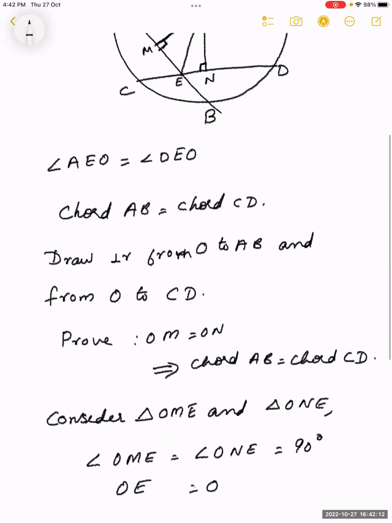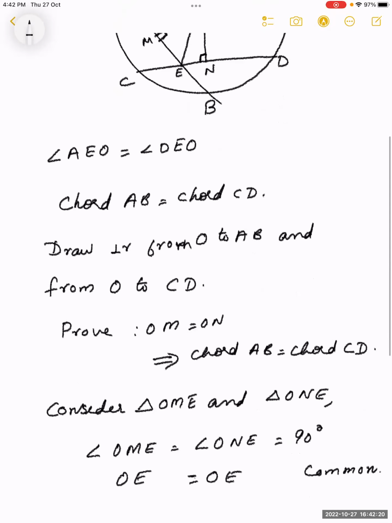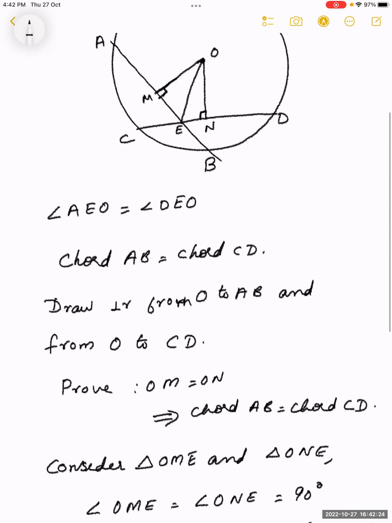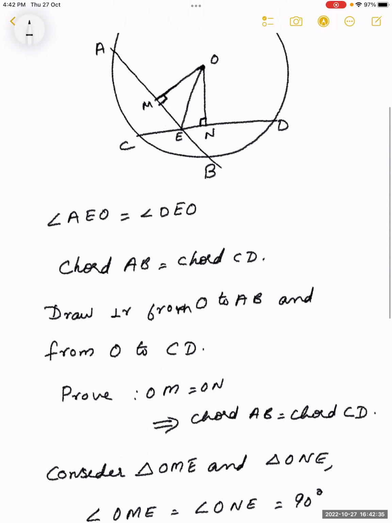OE equal to OE because it's common. Then there is one more angle. See in what is given, angle OEM is equal to angle OEN. It is saying OE is bisecting angle AED. That is what is given.